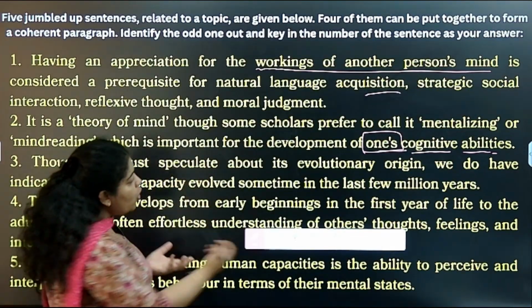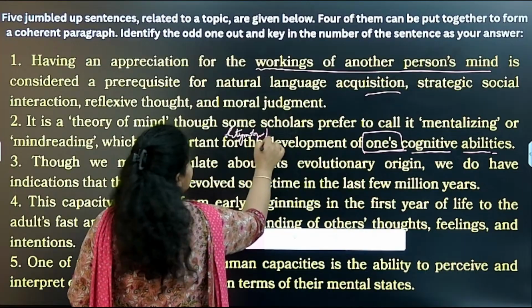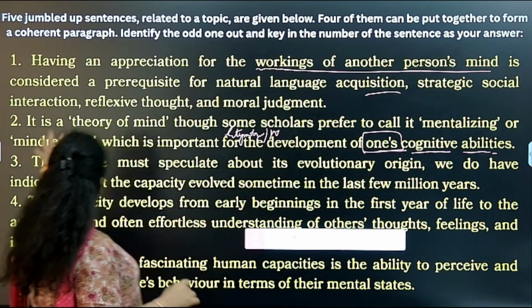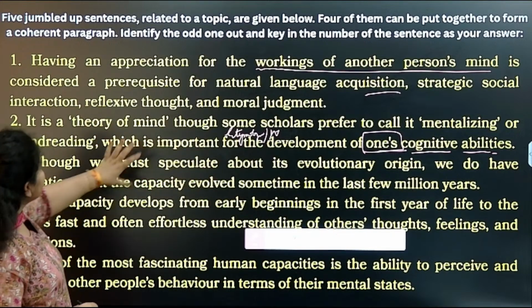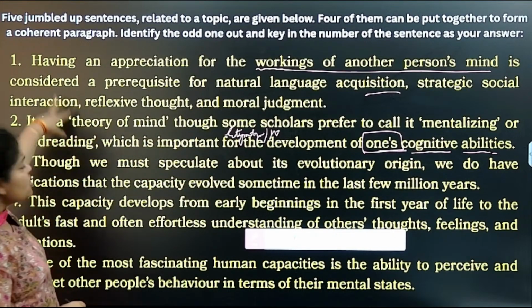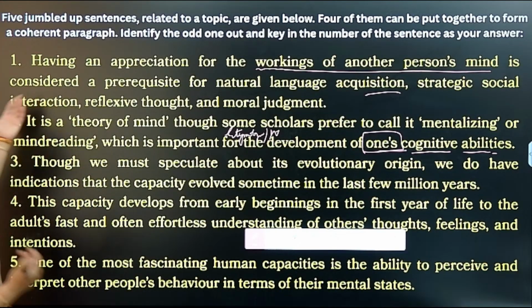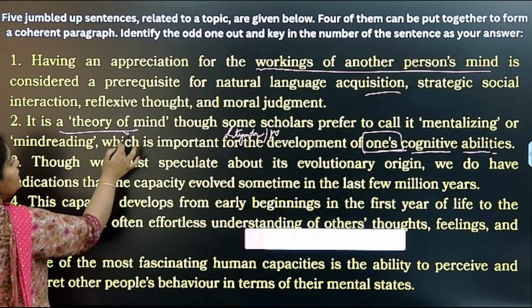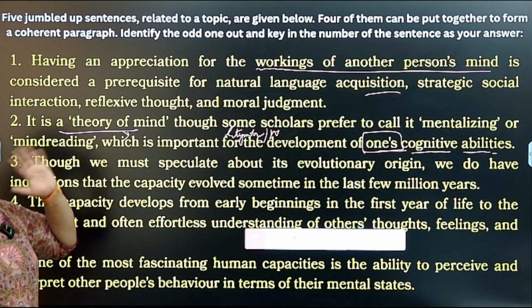Maybe this is more about etymology, or I would say the nomenclature. Some people call the theory of mind mentalizing, and some call it something else. We need to read the remaining sentences, but this is talking about theory of mind, and it is important for the development of one's own cognitive abilities.